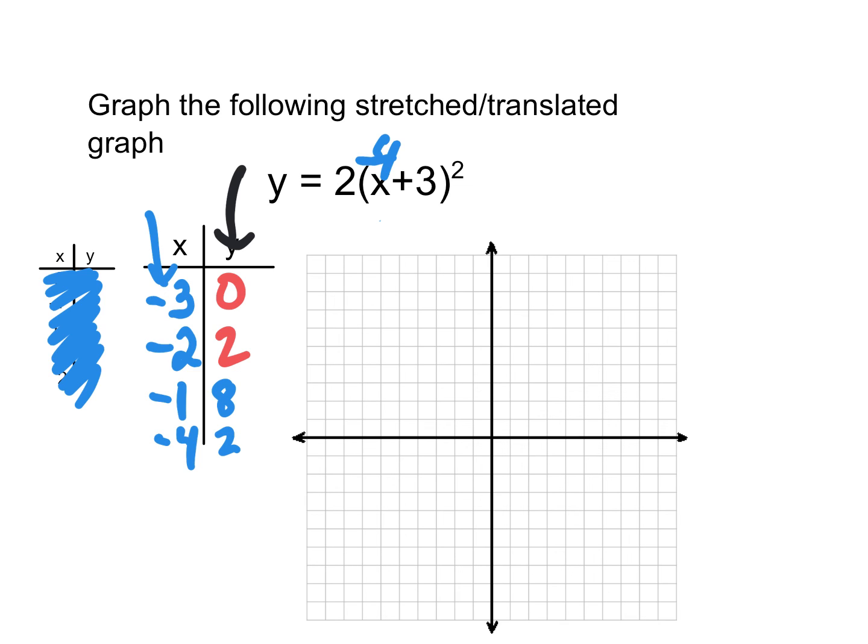So now I'm going to graph these points. -3, 0. Next, -2, 2. Next, -1, 8. I missed there. Okay, and then -4, 2. I'm feeling like I did something wrong.